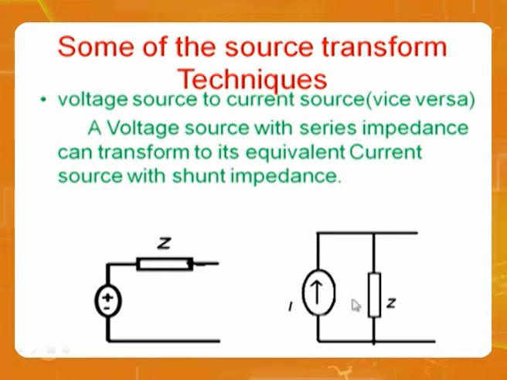Whatever Z is here will come here. I have a very important statement to say here. In a voltage source, we always expect Z to be small, and in a current source, we always expect Z to be large.